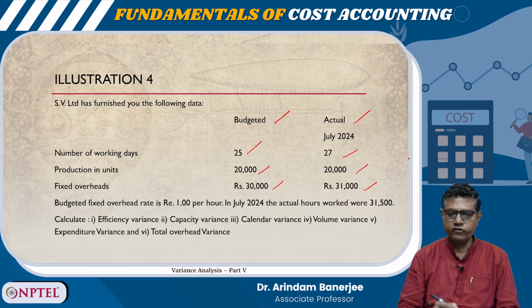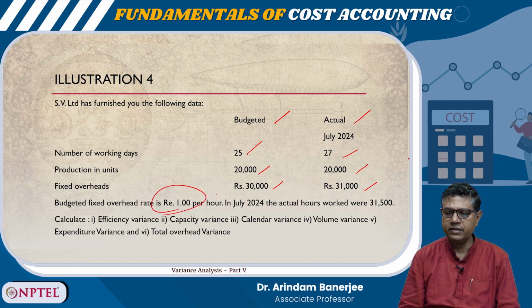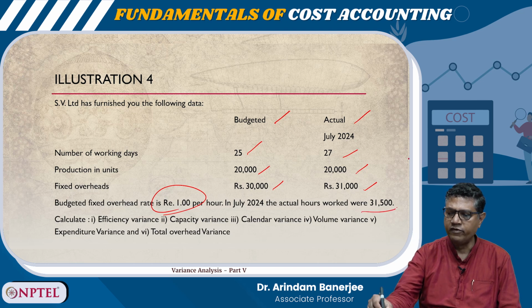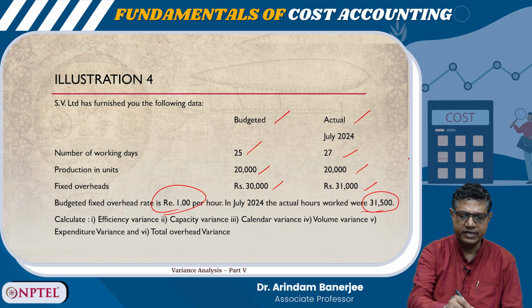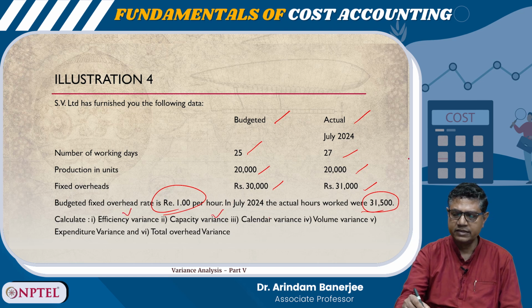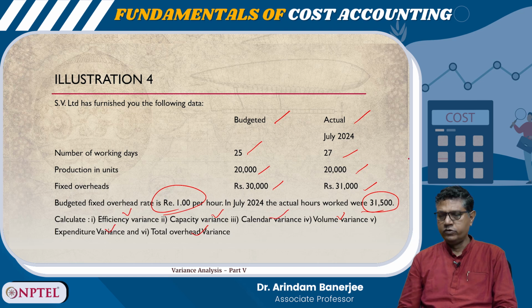The budgeted fixed overhead rate is rupee 1 per hour. In July 24, the actual hours worked were 31,500. Calculate the efficiency variance, capacity variance, calendar variance, volume variance, expenditure variance, and total overhead variance. Fine. So, you need to do this.